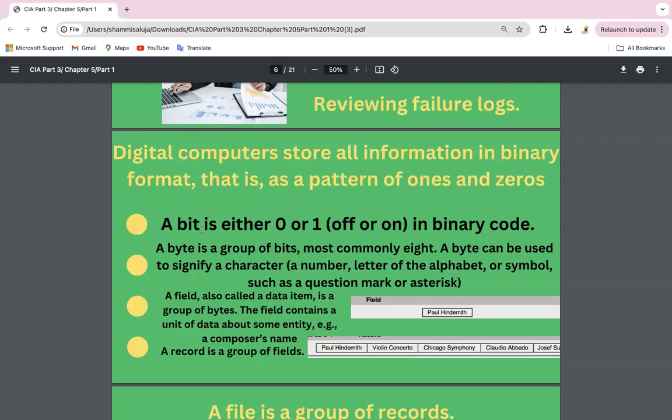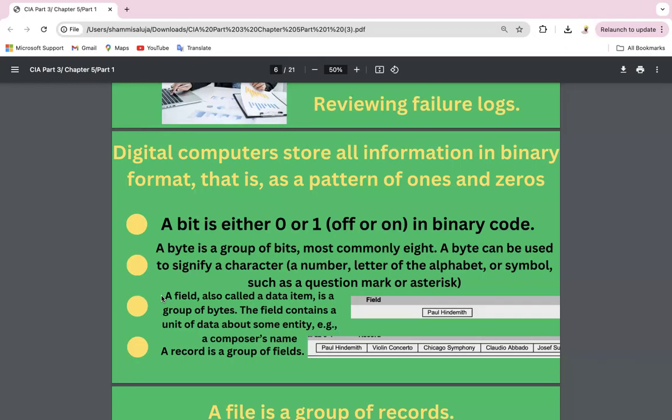A bit is either a 0 or 1. That's the binary code. And a byte is a group of bits. Commonly, a byte is a group of 8 bits. It may be a number, a letter, a symbol, a question mark, or any special character.